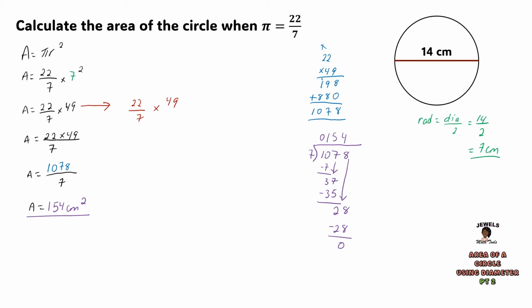Because at this point, we could have simplified the numbers 7 and 49 by dividing 7 into 7, which would have given you 1, and then dividing 7 into 49, which would have equaled 7. And then you would have been multiplying 22 times 7, which would have given you your 154 centimeters squared.